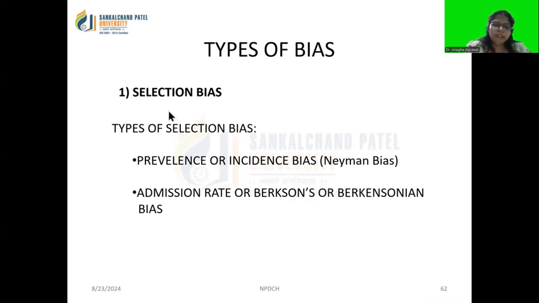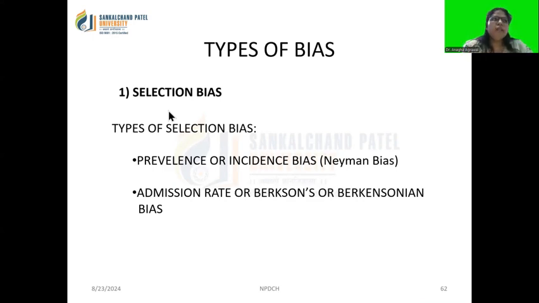So first is selection bias. There are two types: prevalence or incidence bias, and admission rate or Berksonian bias. Prevalence or incidence bias concerns how you select your patients.